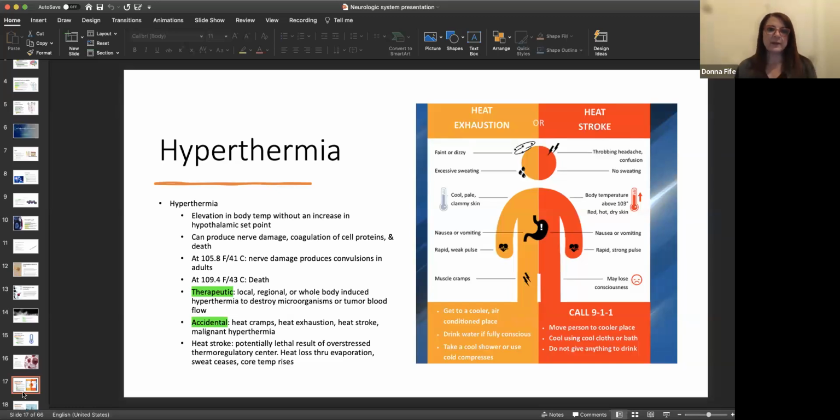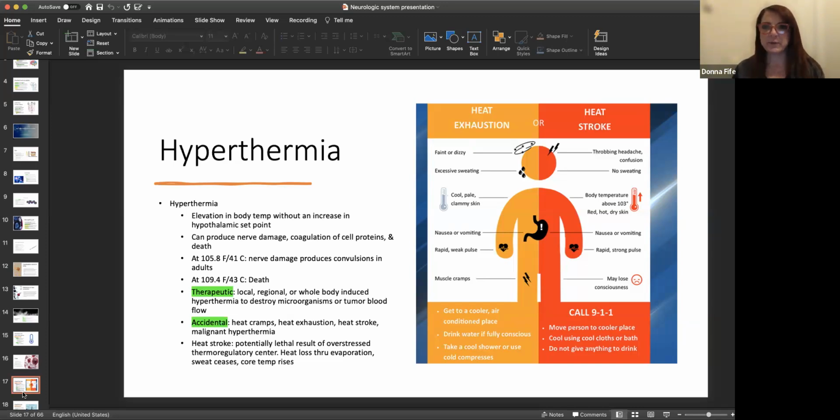Now, hyperthermia can be therapeutic or accidental. Therapeutically, we might use it for local, regional, or whole body-induced hyperthermia to destroy microorganisms or tumor blood flow. Accidentally, this can happen: heat cramps, heat exhaustion, heat stroke, malignant hyperthermia.